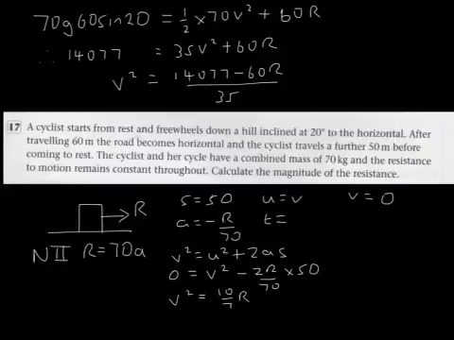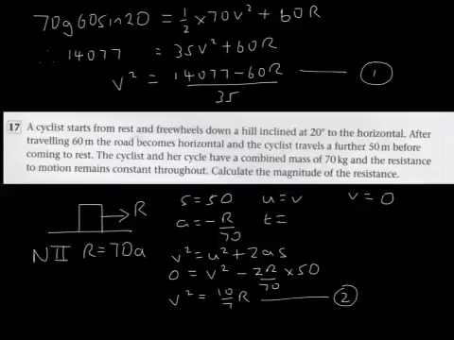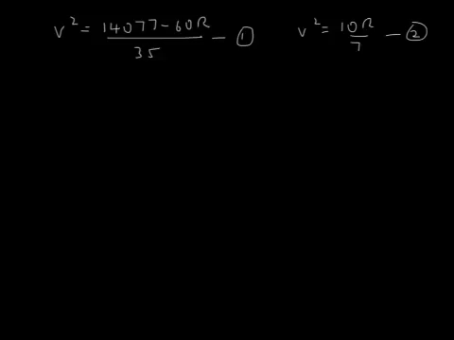And we can now substitute equation 2 into equation 1 to work out what R is. So now it's just algebraic manipulation. Here's the two equations, so I can say that 10R over 7 is 14077 minus 60R over 35. You can probably do the rest of this yourself.